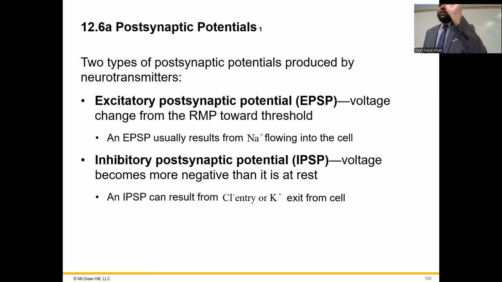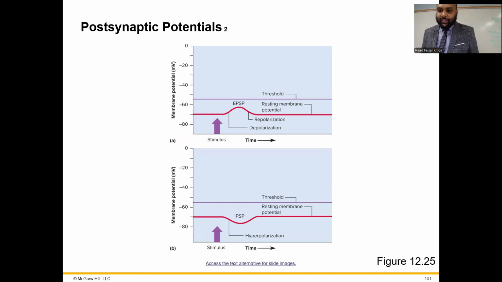But with chloride, because of GABA binding, GABA is unlike acetylcholine. When GABA binds the postsynaptic terminal, it's going to open chloride channels, and the chloride is going to flow inwardly. For an excitatory postsynaptic potential, the membrane potential goes up, and then that's the repolarization, the returning back to the resting membrane potential.